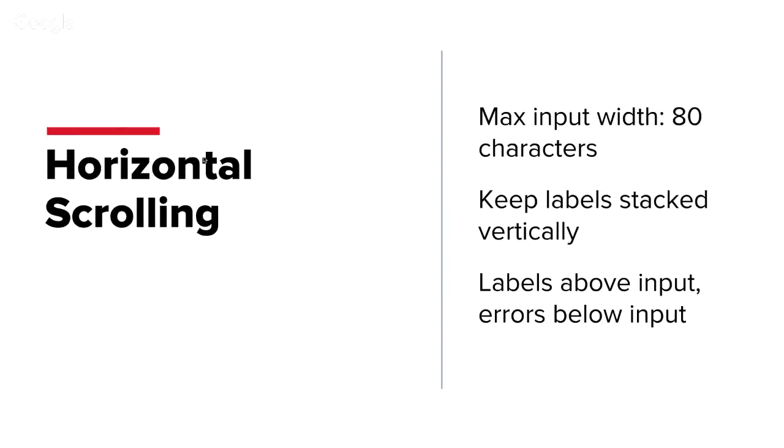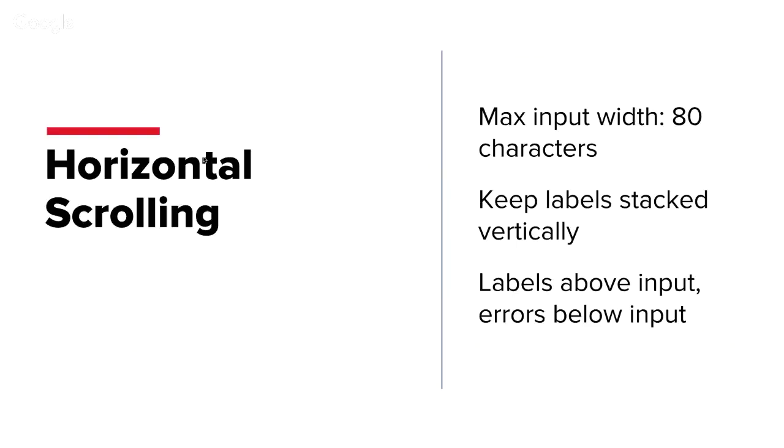Make sure that you design your inputs for a max character width of 80 characters, and we're keeping our labels stacked vertically in relation to your input. So you put your labels above and your errors below. The reason why we're doing this is because there are users that will zoom into your screen to at least 200%.